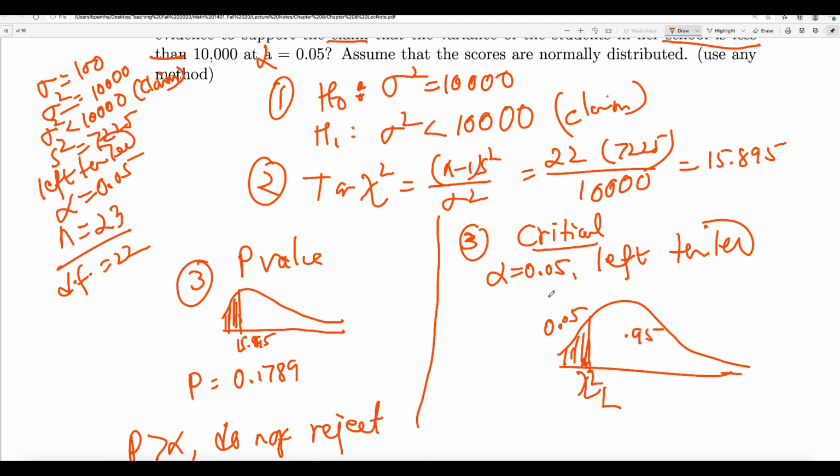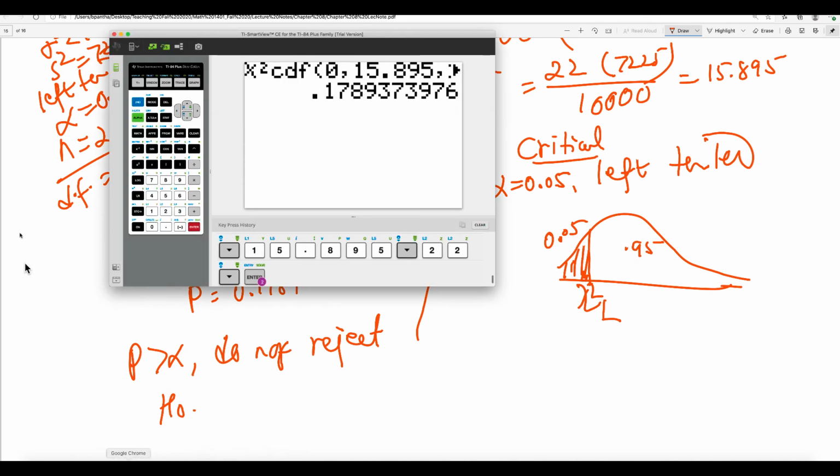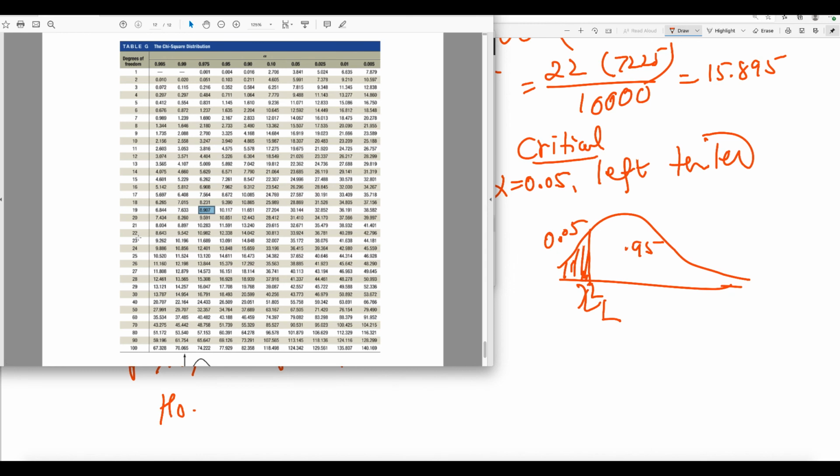Because if you want to use the table, you need the area right of that. So you look at the column of 0.95 and the row of the degrees of freedom, 22.